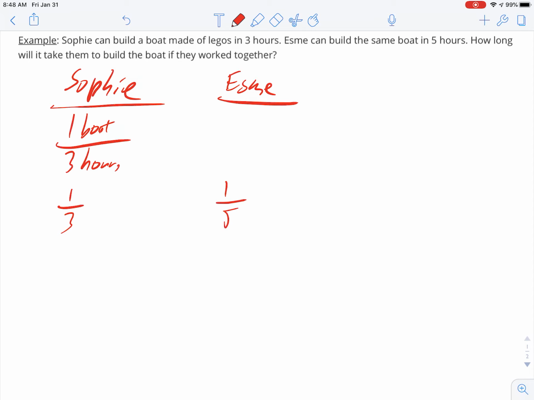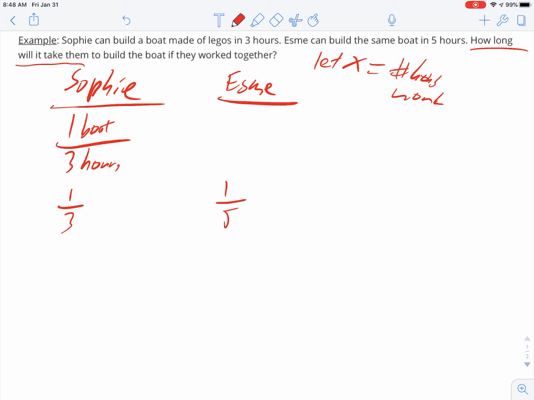per hour. Now, they're going to work for some amount of time, and notice that the question they're asking is how long will it take if they're working together. So if we let X be the number of hours they work, if you take their rate, right?